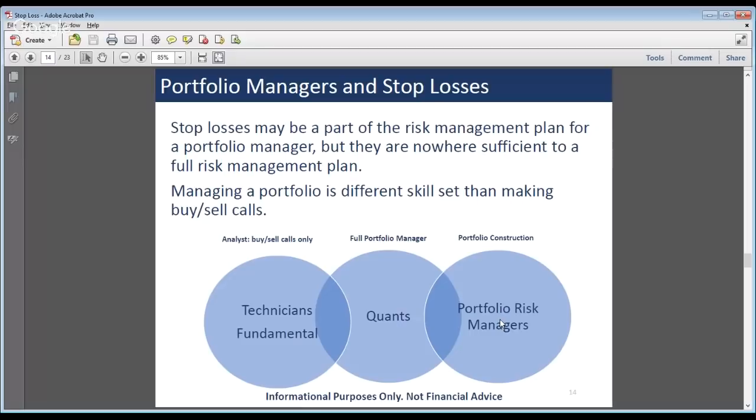What about portfolio managers and stop losses? I'll mention this again. As a portfolio manager, meaning you have many different assets, and I would argue all of us are portfolio managers, because even if you only have a few assets that you're trading in crypto, you might have a home, you might have a 401k, you might have some stocks somewhere, you might have another retirement plan, you might have a savings account.